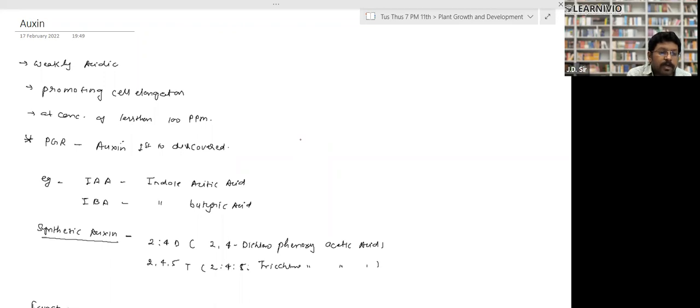Auxin is weakly acidic. Next point: it promotes cell elongation.